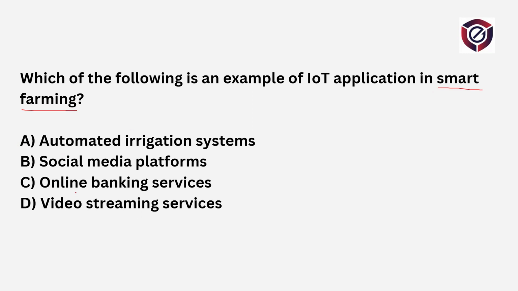That is the only thing you need to do. Automated irrigation system, yes, it is related to farming, so it is the correct option. Social media, no. Online banking, not related to farming. Video streaming, not related to farming. Although these are somehow related to IoT or cloud, they are not related to smart farming. So the correct option is automated irrigation system, option A.